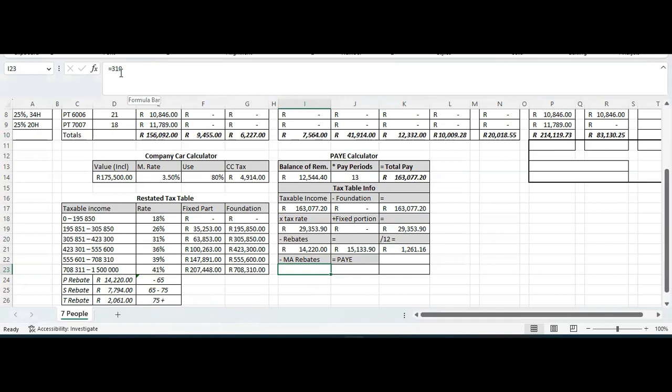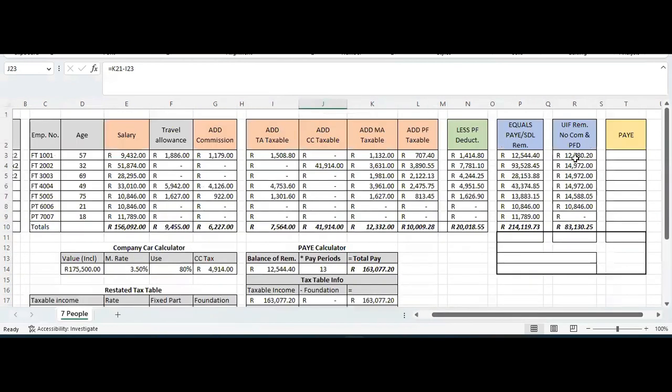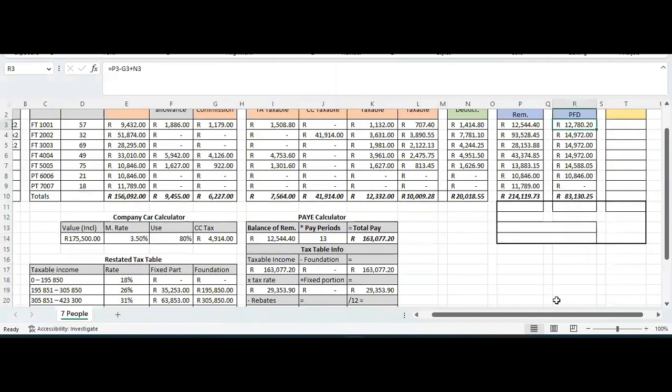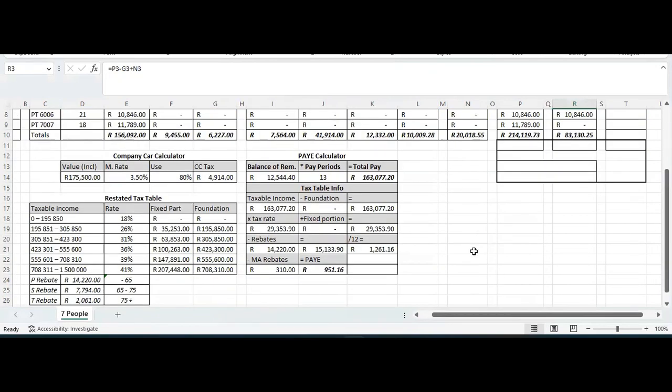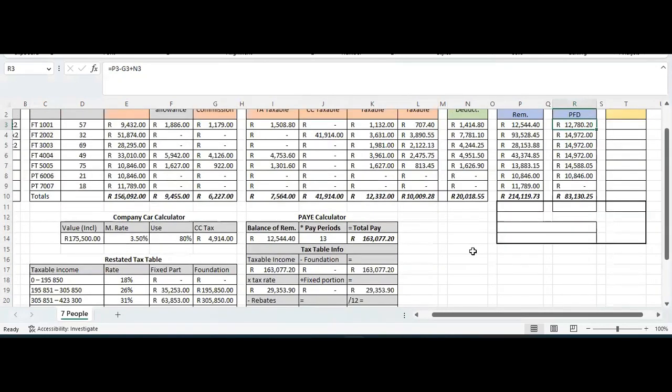He's the only guy on the medical fund. Nobody else in his family is on the medical fund. So we only subtract that 310 rand. Okay, and that will give us his pay as you earn that is payable. Okay, see, there we've done it. Now, you follow the same process for everybody, and you will get the answers.